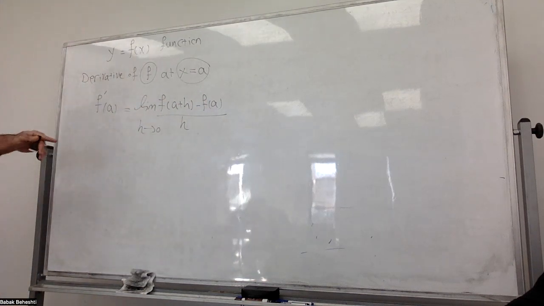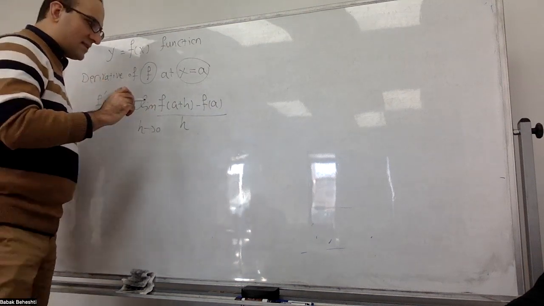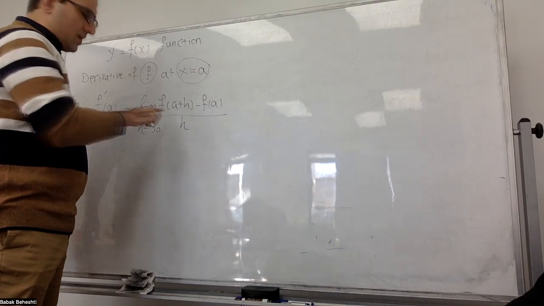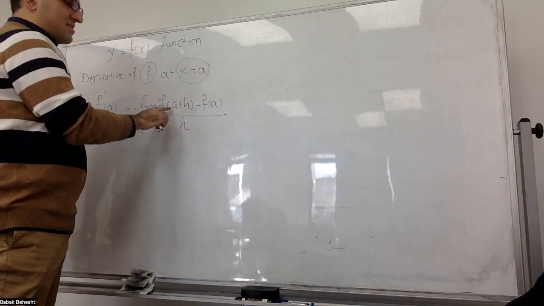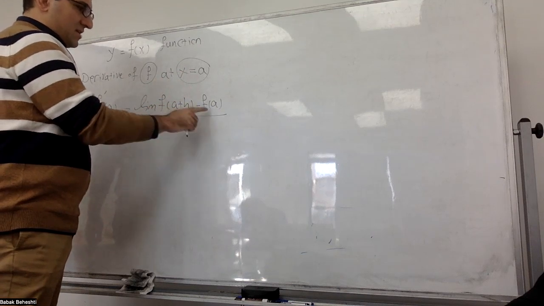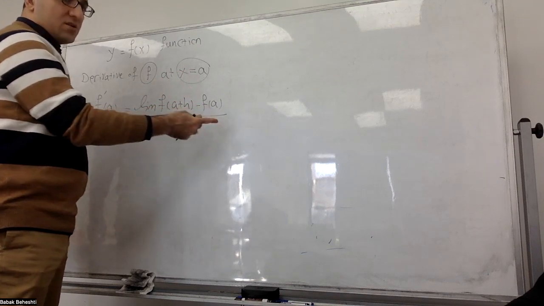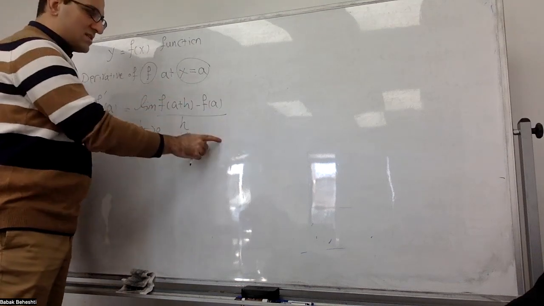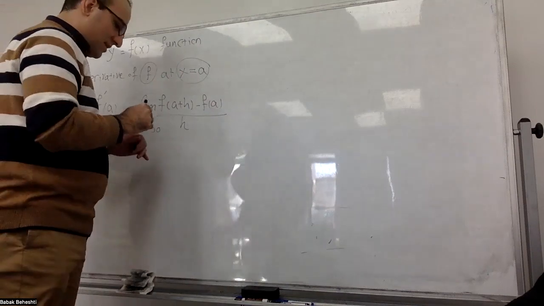So the first thing to notice about this limit is that when h goes to 0, and assuming that f is continuous, then f of a plus h minus f of a would be 0. Divided by h, again 0. So this is a 0 over 0 limit.